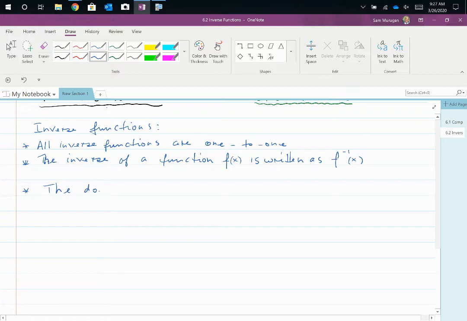The domain of f of x is the range of its inverse.